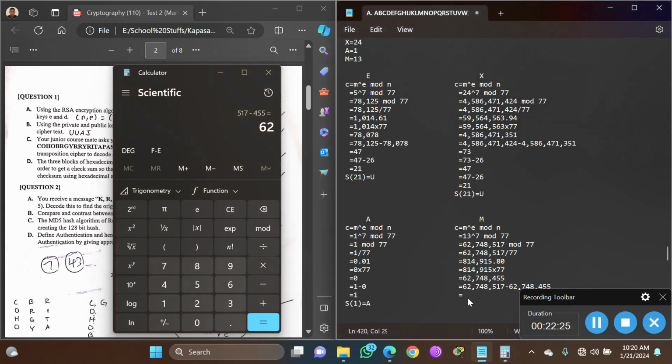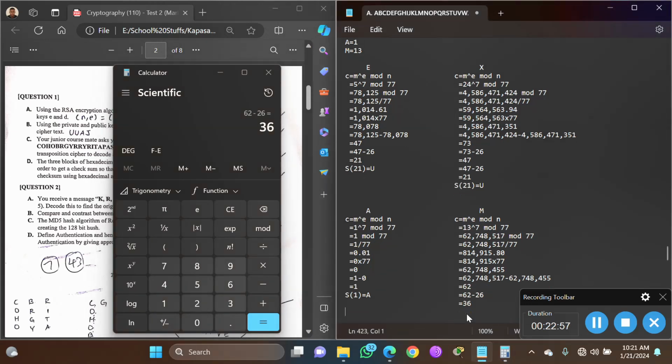Remember, our alphabet ends at 26, so we need to wrap around this 62 by saying 62 minus 26. We get 36.